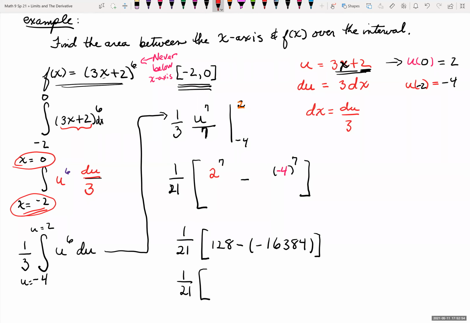So this is actually a minus, a negative is a plus. So 16,384 plus 128 gives us 16,512.